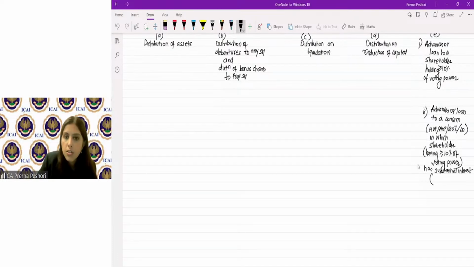Now, what is the meaning of substantial interest? Greater than or equal to 20% of the income of the concern that shareholder is entitled to. Okay. Entitlement to, or you can write like this.